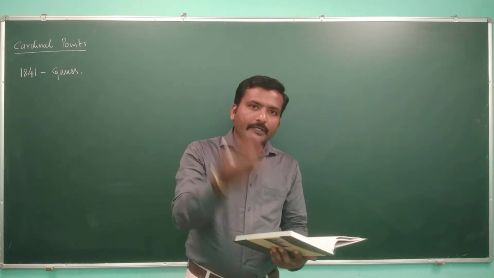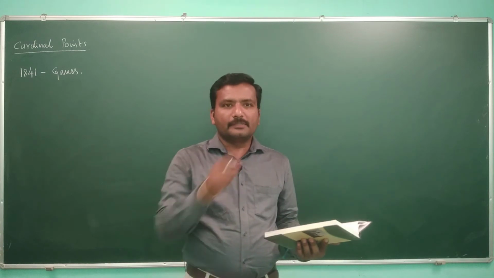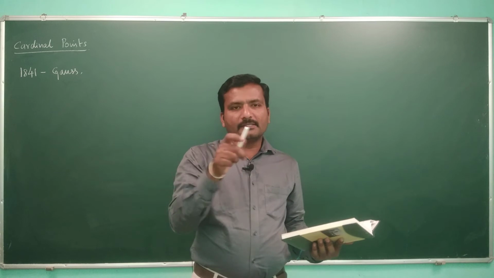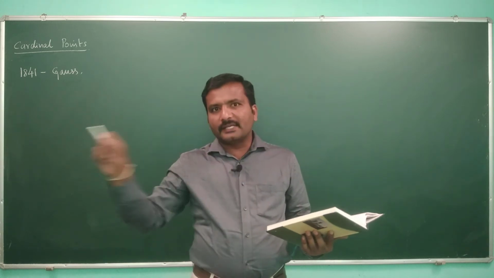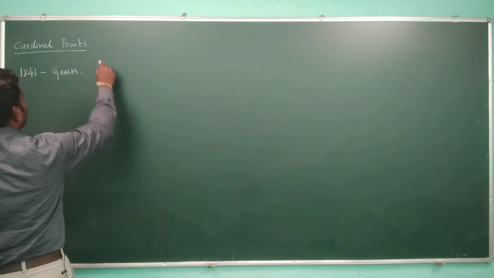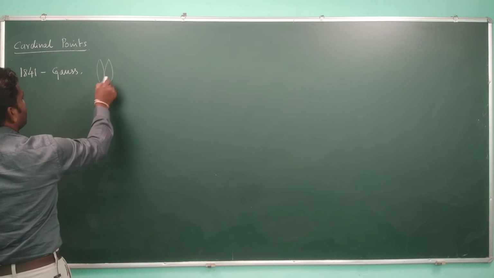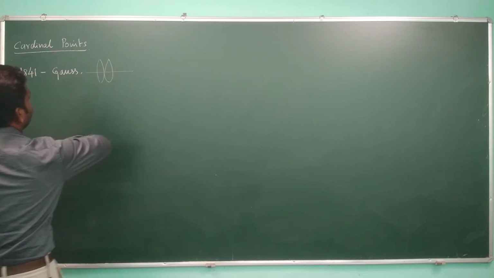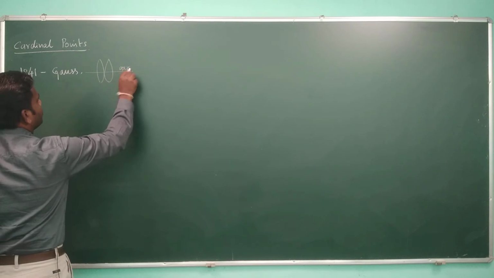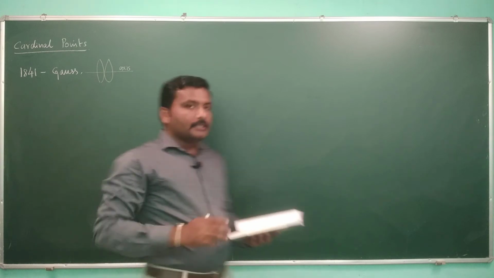According to him, whatever the number of lenses, if they are placed coaxially, meaning the centers of the lenses lie on the same axis, for example, if you have one lens like this and another lens like this, then the centers of both lie on a common axis. Then these two lenses are said to be coaxial lenses.